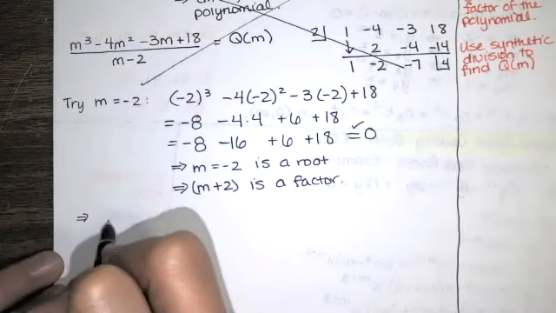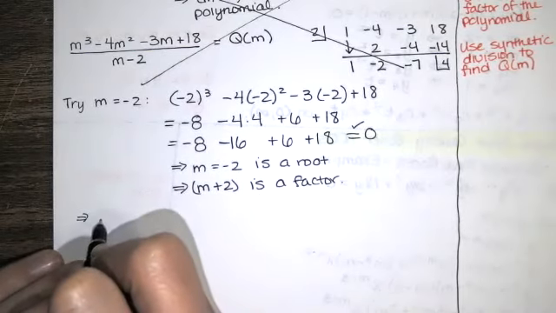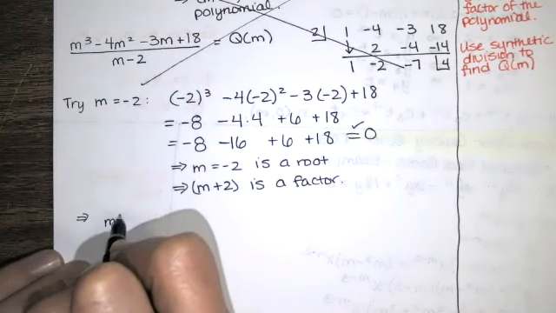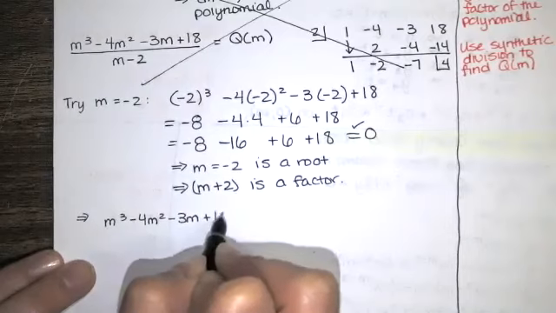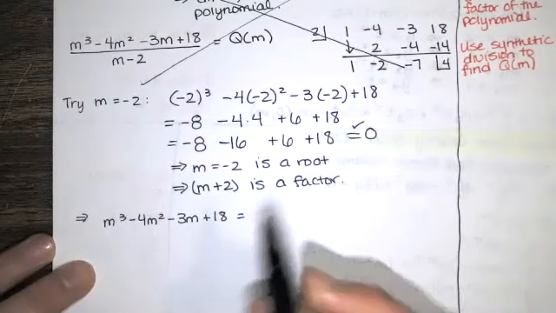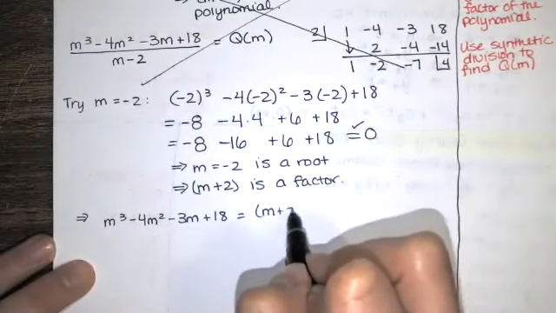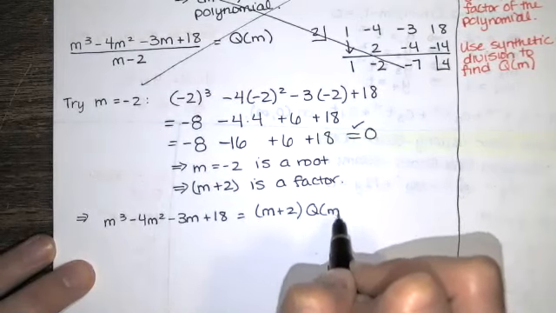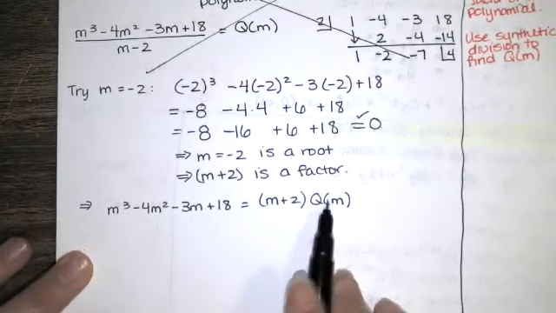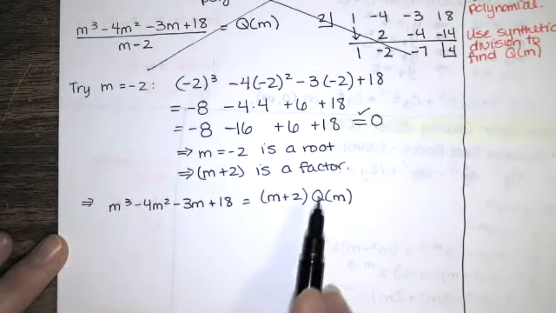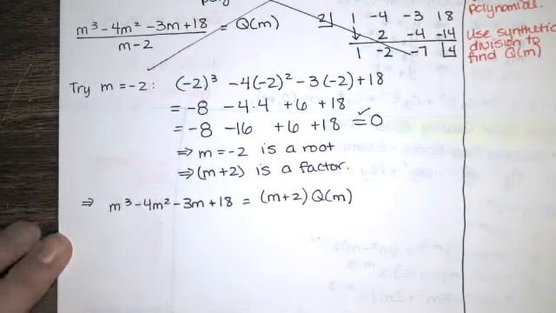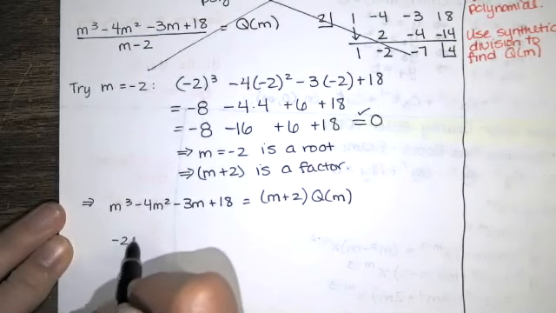So that means our polynomial, m cubed minus 4m squared minus 3m plus 18, is equal to this factor m plus 2 times some quotient, where the quotient is this divided by this. In order to find that quotient, I'm going to do the synthetic division.